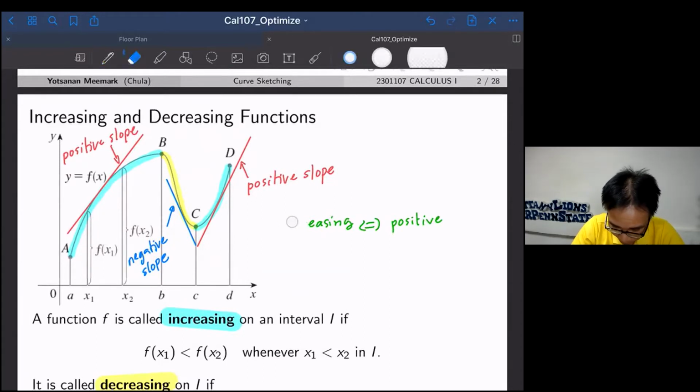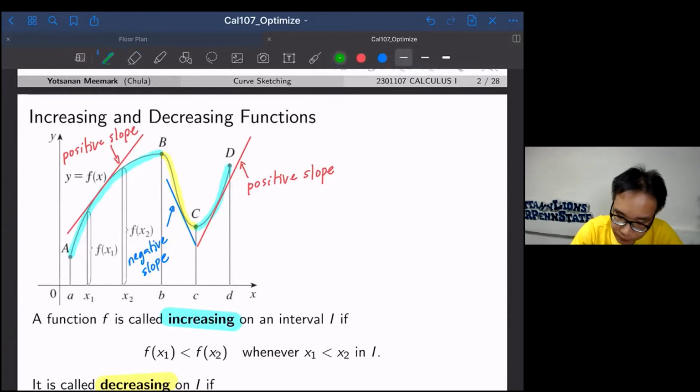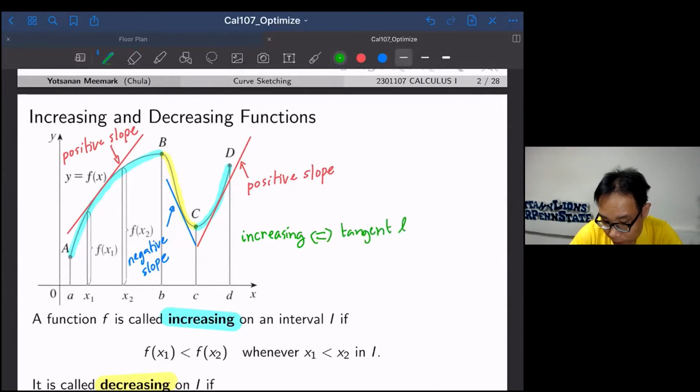Let me write this one. Increasing if and only if the tangent line has positive slope.